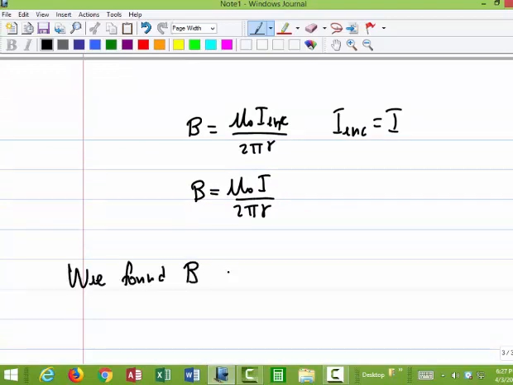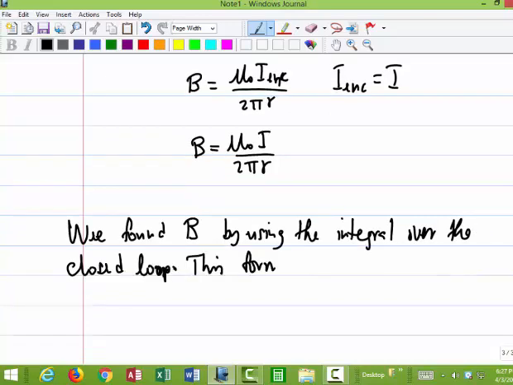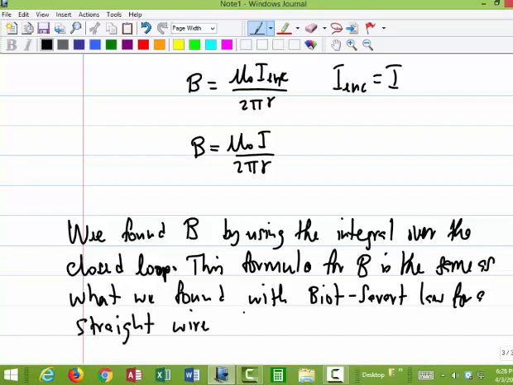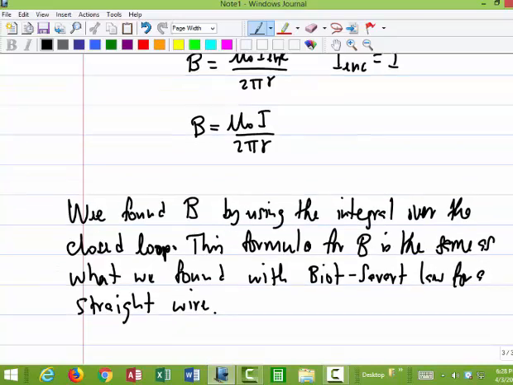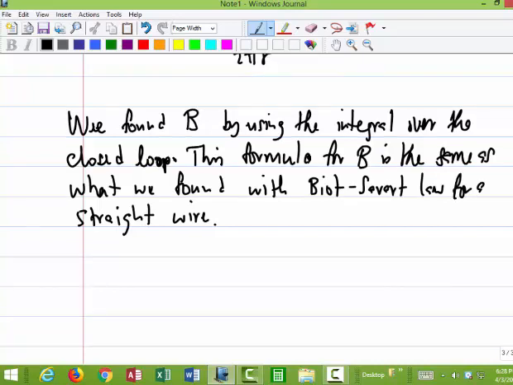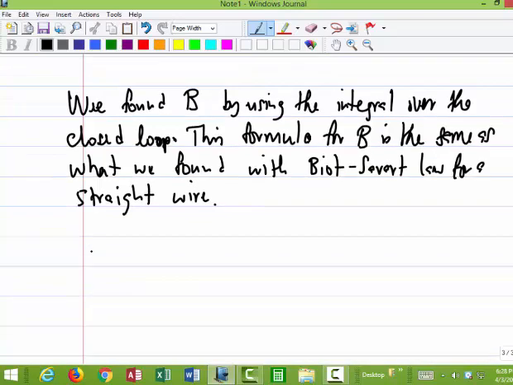We found B by using the integral over the closed loop, and this formula for B is the same as what we found with Biot-Savart law for a straight wire. This shows us how easy it is to use Ampere's law. So let's state Ampere's law.